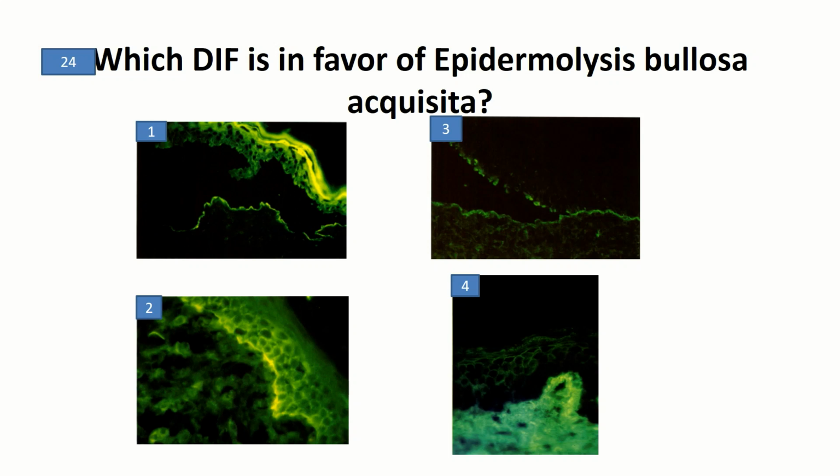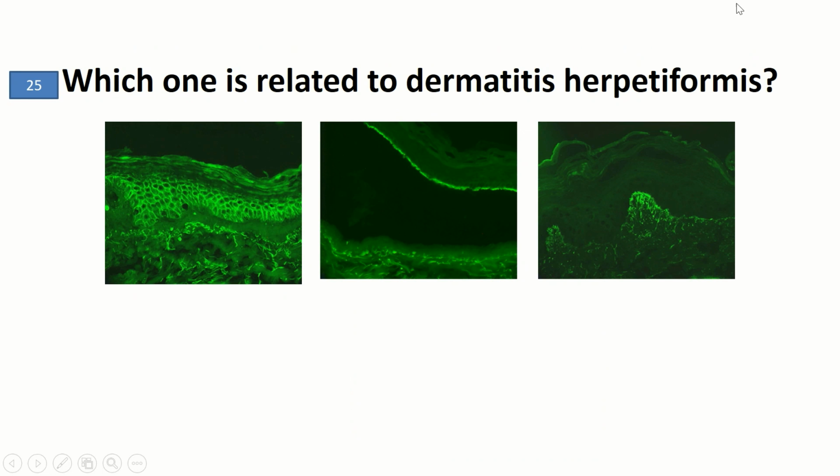One is lupus erythematosus, two is epidermolysis bullosa acquisita, and three is the anti-epiligrin subtype of cicatricial pemphigoid. So the correct answer is 1. Which one is related to dermatitis herpetiformis? This subepidermal granular deposition.